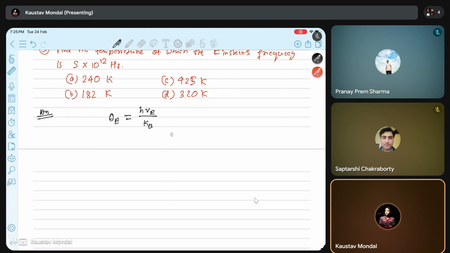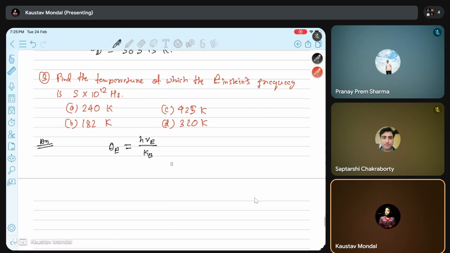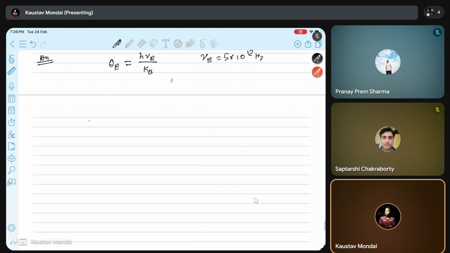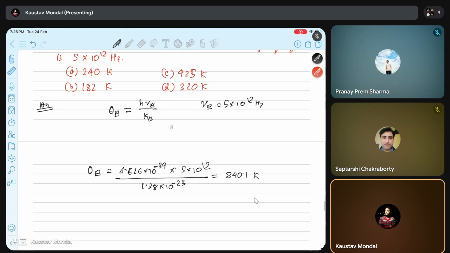So here the frequency is mentioned, nu is 5 into 10 to the power 12 hertz. So theta would be 6.626 into 10 to the power minus 34 into 5 into 10 to the power 12, divided by kB, which is 1.38 into 10 to the minus 23. To calculate this, theta will give the value 240.1. This will be the correct answer.